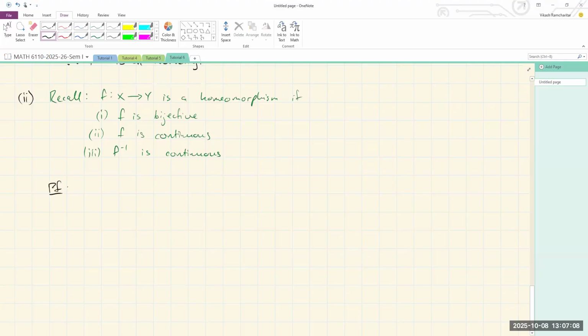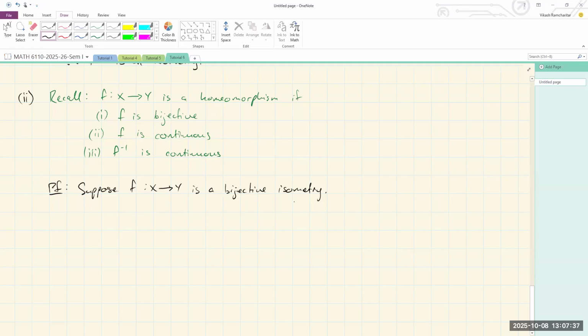So the proof is, suppose f from X to Y is a bijective isometry. I want to show it's a homeomorphism. So we just need to check off these three conditions, but we already proved everything to check them off.